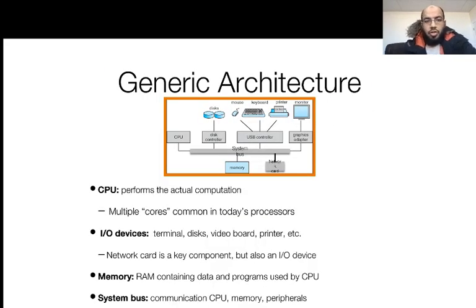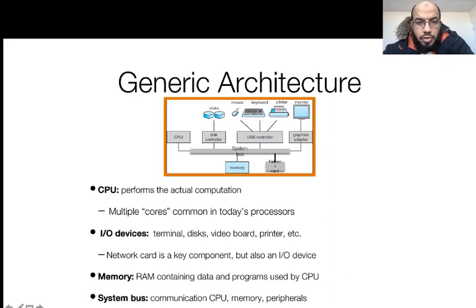So this is the most generic architecture for any computer system, where you basically have some disk, some peripherals like mouse, keyboard, printer, some graphic peripheral like a monitor, and then you have memory, you have CPU, and you have a network card.